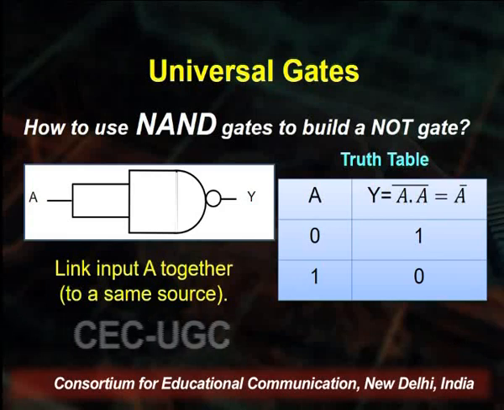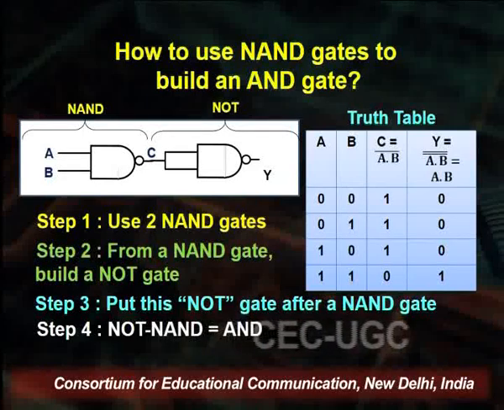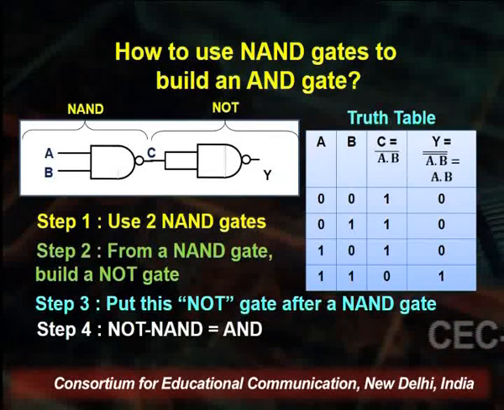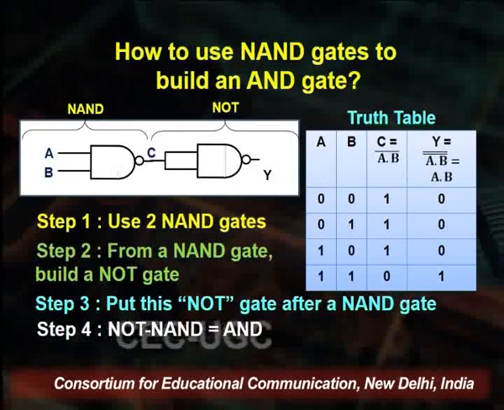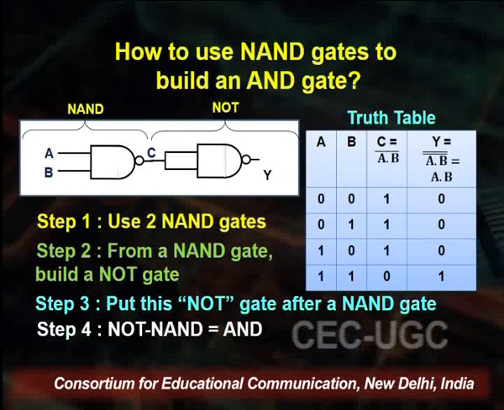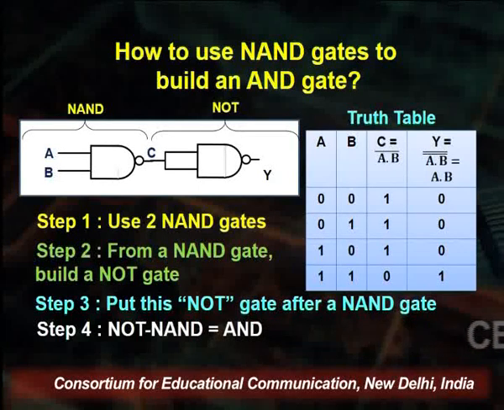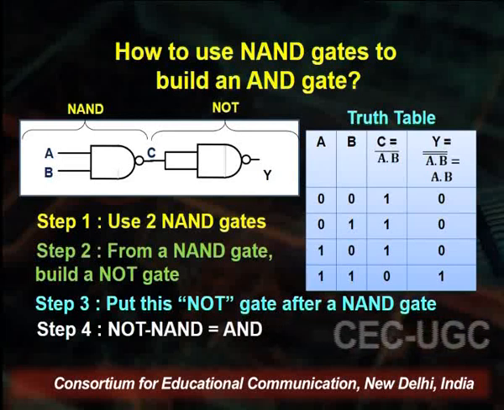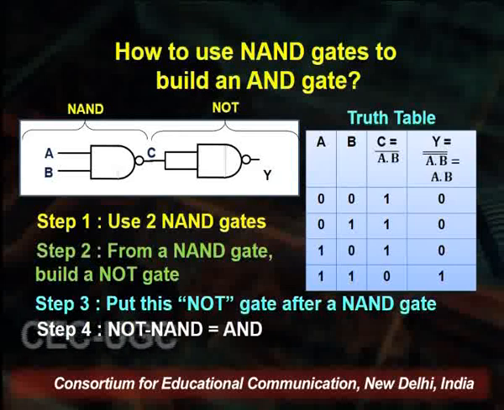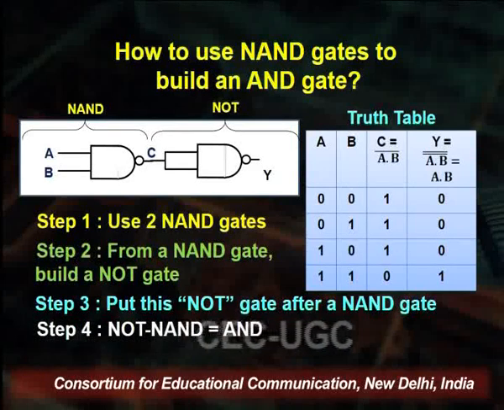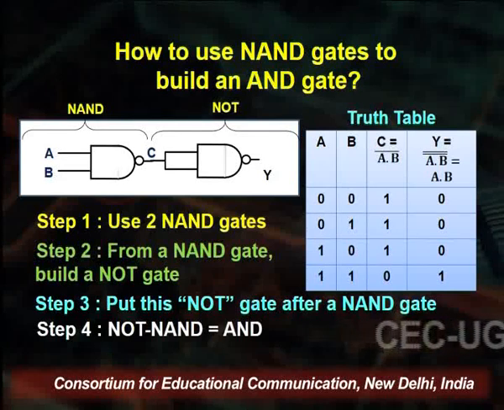Now, it is imperative to see that when we write the truth table of the NAND gate, it can be easily seen that when both the inputs of the two input NAND gate are the same, then the output is the complement of the input.